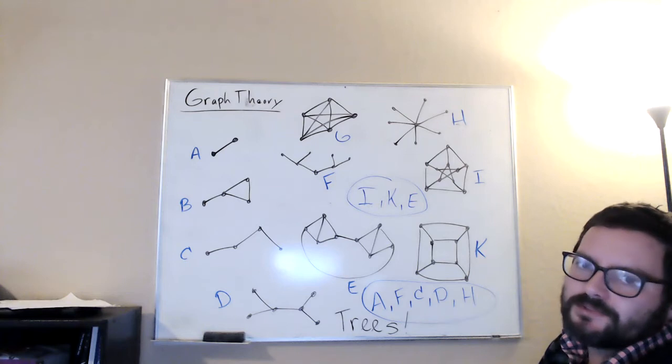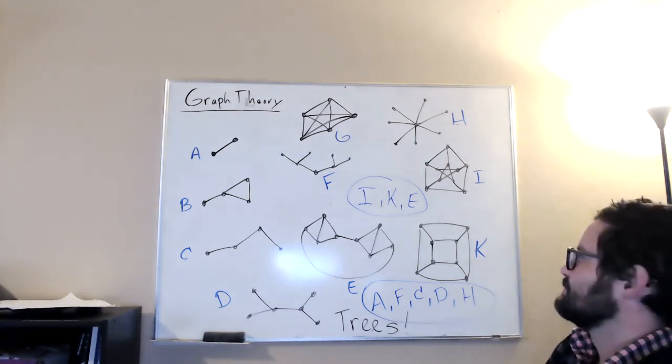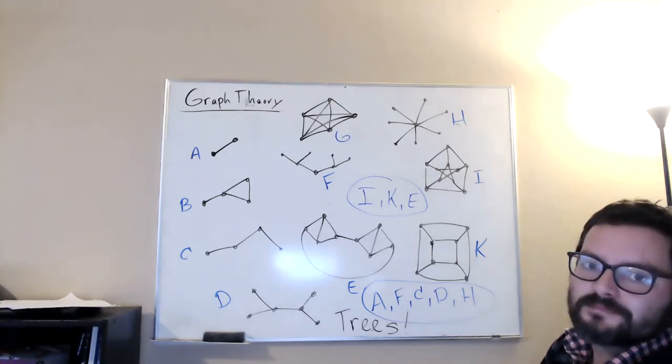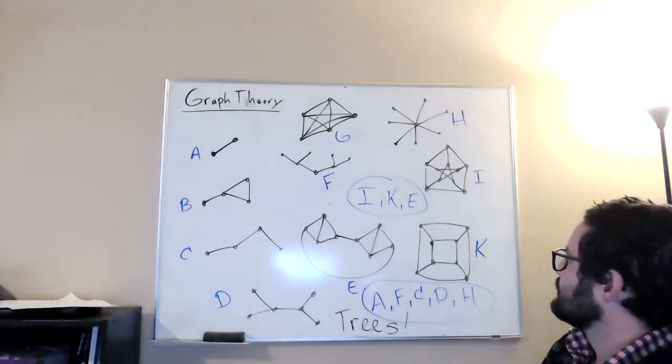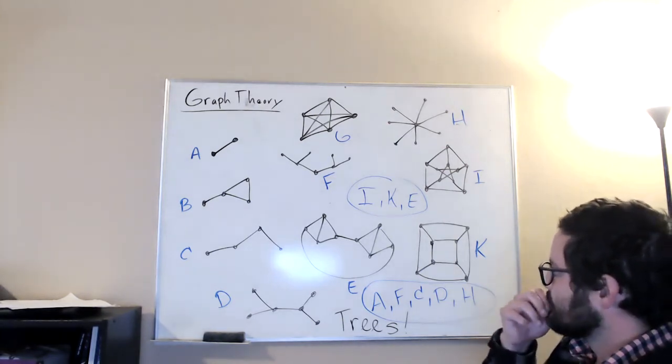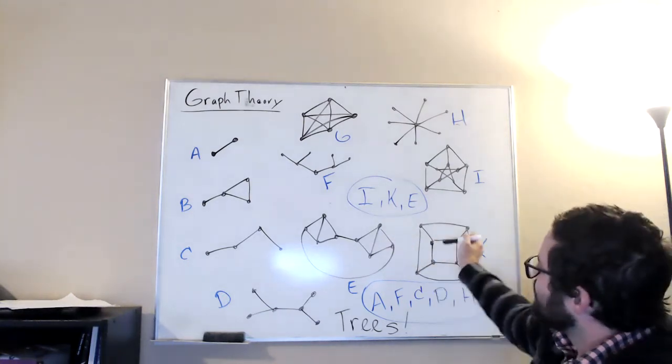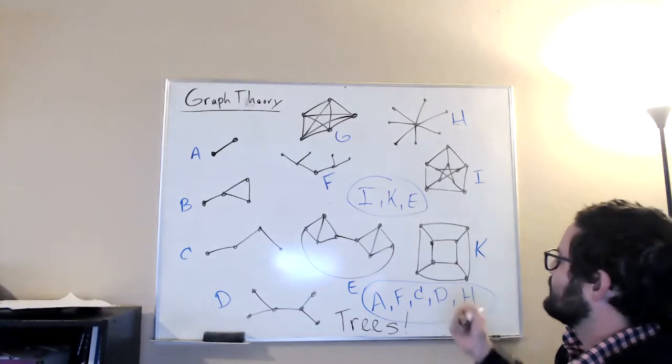I'll give you a hint: vertex degree. Each vertex has a degree of 3. In each of these graphs here, every vertex has degree 3.